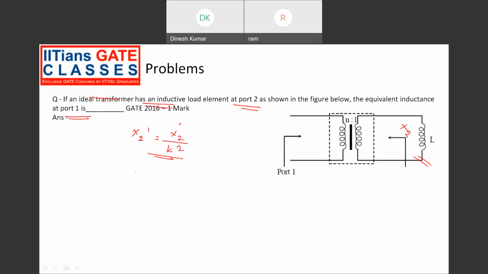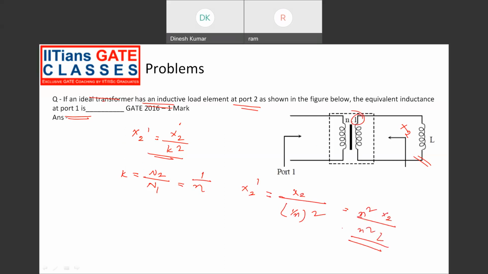K is the transformation ratio, given by number of turns on secondary by number of turns on primary. The number of turns on secondary is 1, and on primary is n. So x2 dash equals x2 by k square, and k square is 1 by n whole square. So that is n square times x2, or n square times L2.